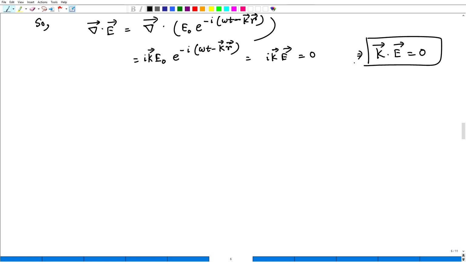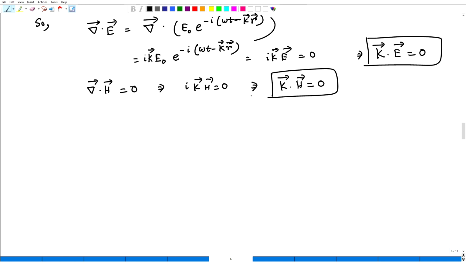We should keep in mind that k is our wave vector, which gives the direction of the wave. Now similarly, we consider that this is also 0, in case of vacuum, we are considering the vacuum. So here also we can write, I am writing directly, k dot H is also 0.